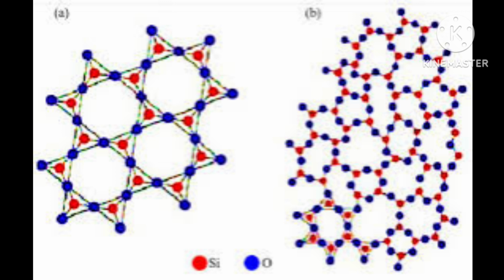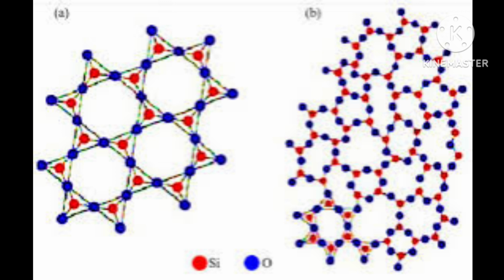This I have discussed about covalent or network solids. Now I want to brief the different types of solids with examples, because these are very important and questions are asked.